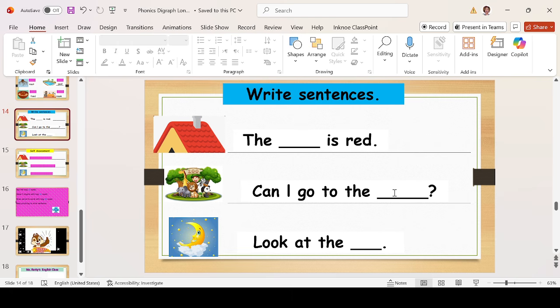So now you are going to write your question. Start with your capital K, K. Can I go to the zoo? Here you are going to write the word zoo, and I want you to write the question mark. Okay, just practice to write the question mark.